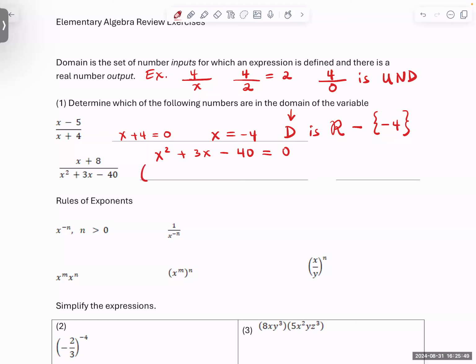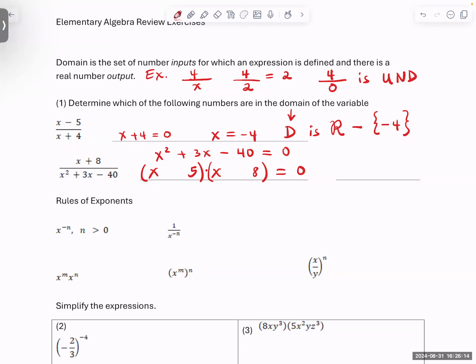And because it's a second degree trinomial, we'll try to factor it as the product of two binomials, first term x. And then think of a pair of integer factors of 40 which will add or subtract to give 3. In this case, that would be 5 times 8.